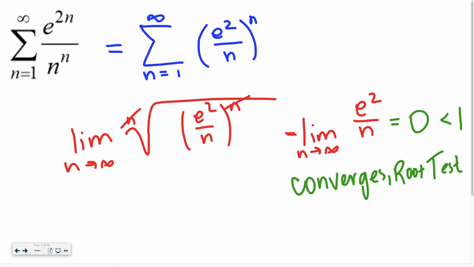Because that's what the book did for, like, 1 over n factorial. They used the direct comparison test and compared it to 1 over n squared, because after 2, it's bigger.